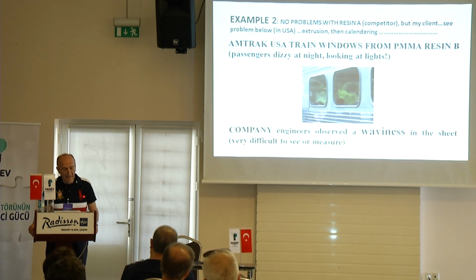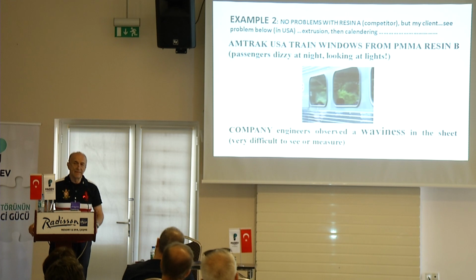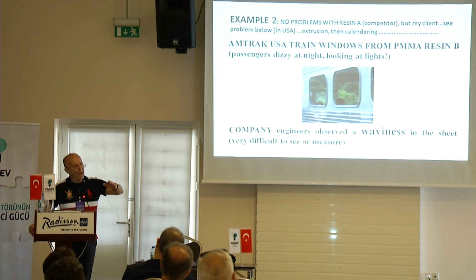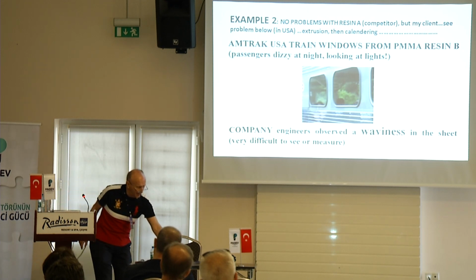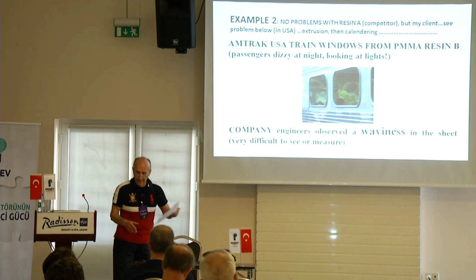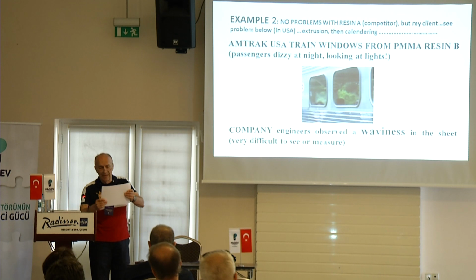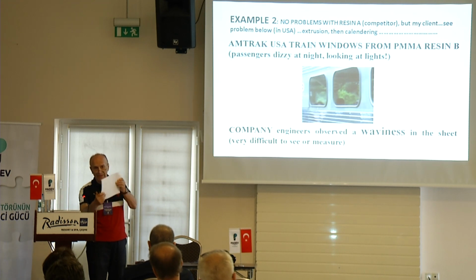They produced windows from PMMA. The windows, the glass, had a little bit of waviness in the surface. It's very difficult to see. I remember they brought a sheet of this material, and it was very, very nice.